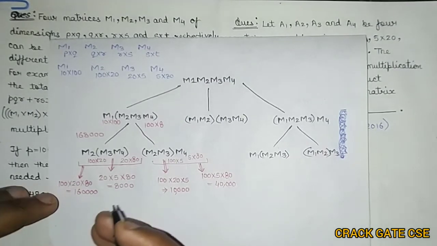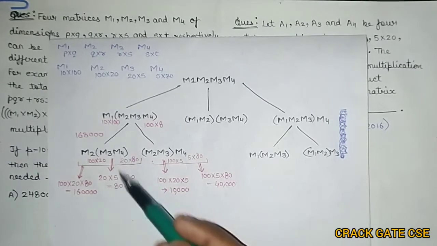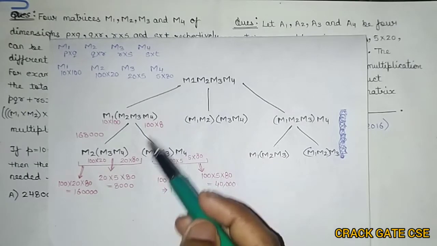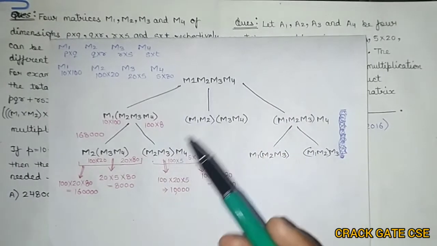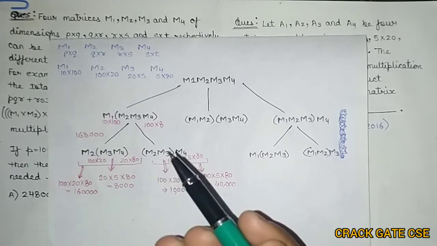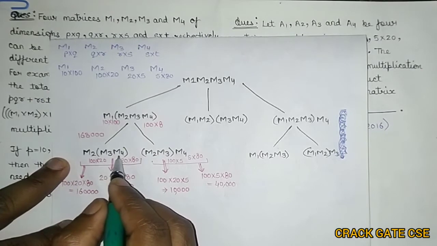In matrix chain multiplication we have to start from the bottom. Here you can see I start from the bottom and go to the top. This is a kind of depth first approach. First we deal with M3 M4.